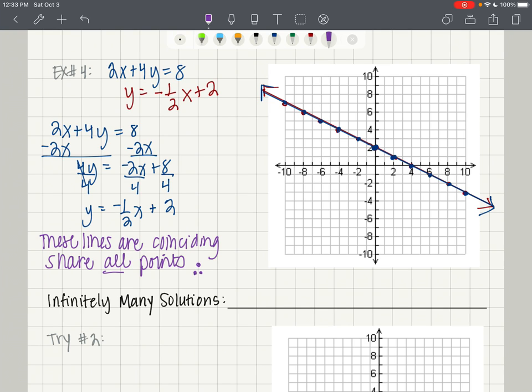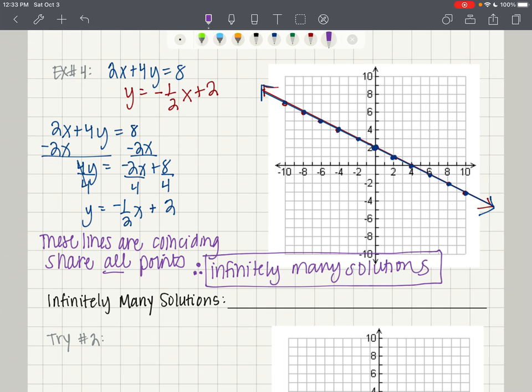Therefore, what we say here is that it has infinitely many solutions. Infinitely many solutions happens when you have the same slopes, not splotes, the same slopes, and the same y-intercepts.